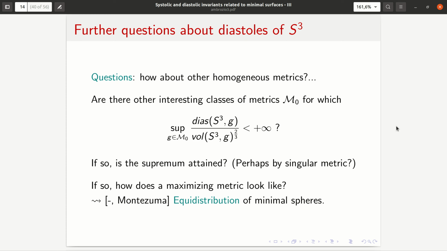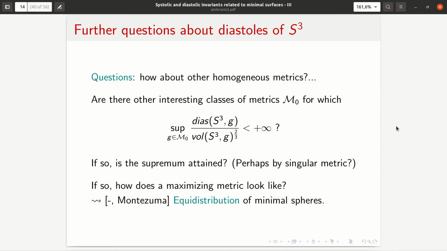A maximizing metric will have a very large set of minimal two-spheres. Actually, they will be all over the place. They will be equidistributed in a very precise measure theoretical sense. Anyway, maybe this is another point that I will leave to the Q&A session.